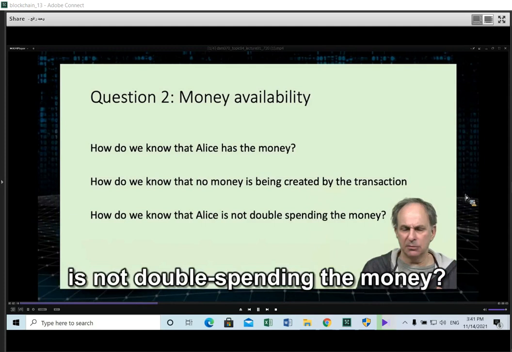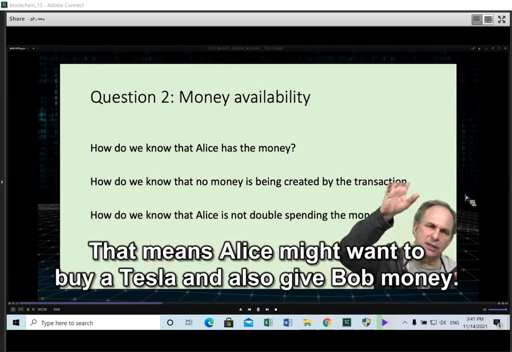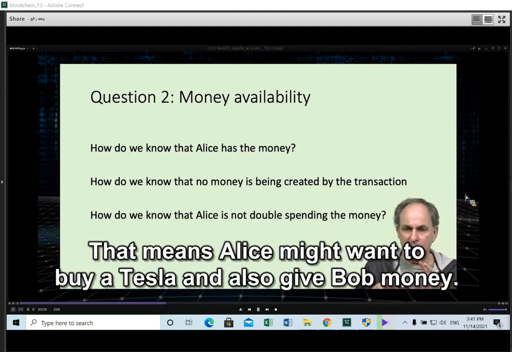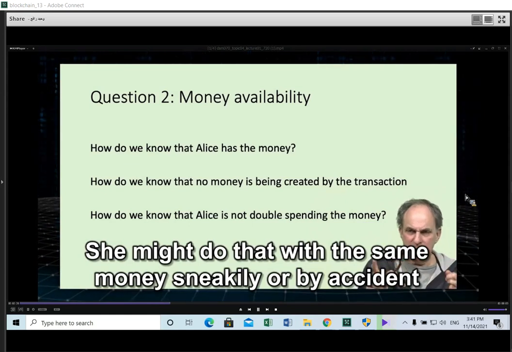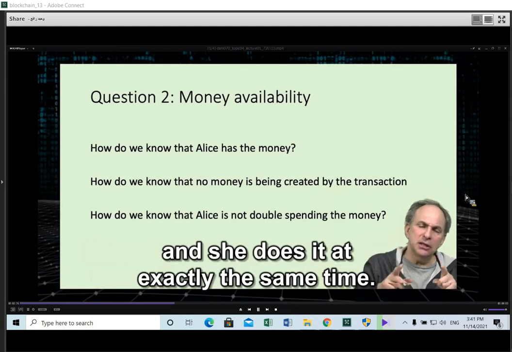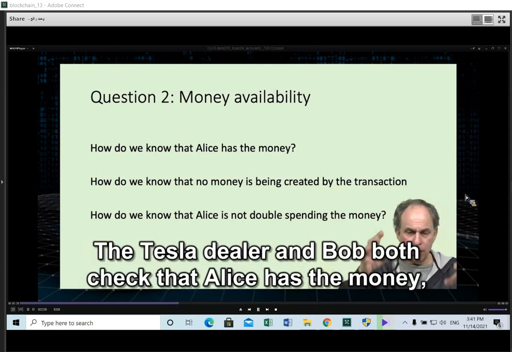So if the Tesla dealer and Bob both check that Alice has the money, they'll both find out she has, and they'll say, sure. That's the hardest thing to solve. And that's really what the blockchain is all about, how to solve that problem. We'll learn more about that a bit in this topic, but more later.